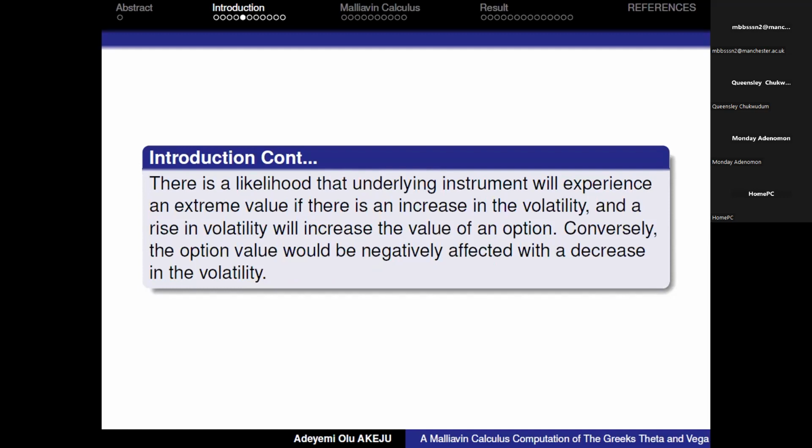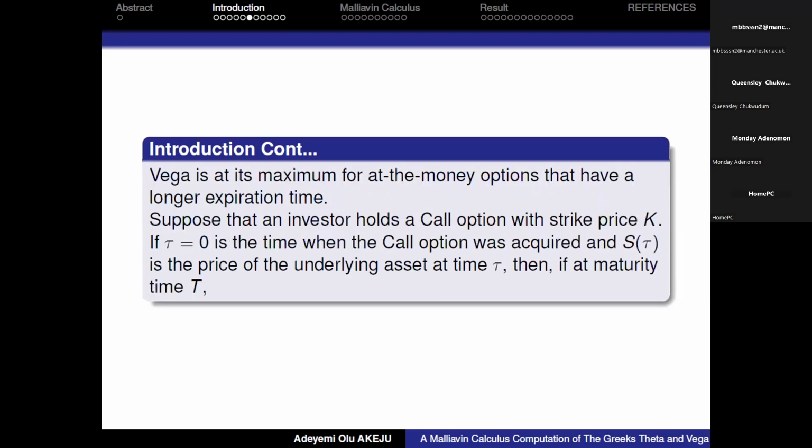And then there is a likelihood that the underlying instrument will experience an extreme value if there is an increase in the volatility. Also, a rise in the volatility will lead to a rise in the value of the option. Conversely, we say the option value will be negatively affected with a decrease in the volatility. And that we have experienced, for example, in Nigeria of recent, where the exchange of the naira to the dollar is always on the increase. So we can look at that as one of the concepts to consider here.